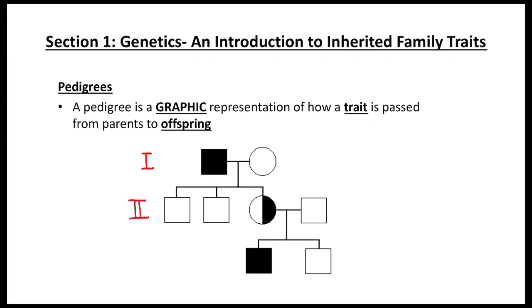And then the children at the bottom, so there's only 2 males, would be the third generation. And so on if you had a longer family tree. When numbering individuals, we go from left to right. So this is individual 1, 2, 3, and 4.